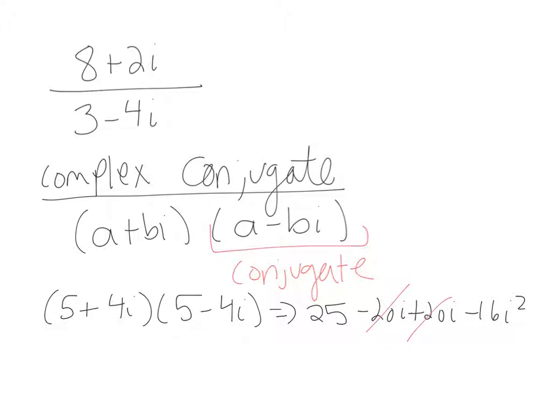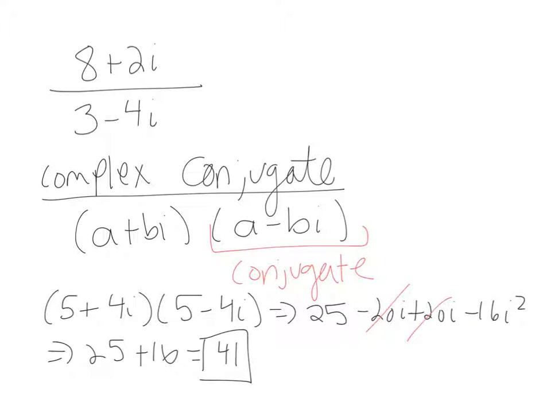So these will actually cancel, and I'll be left with 25 plus 16, which we'll see is a real number. So a conjugate is whatever you multiply something by to make it real. The other way to remember it is if this one has a plus sign, then the conjugate has a minus sign. So these numbers are all the same, but the sign in the middle is different.